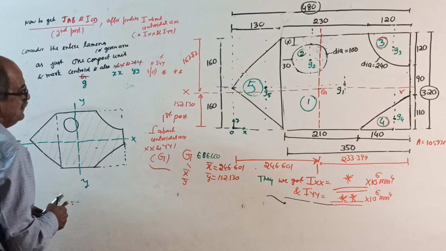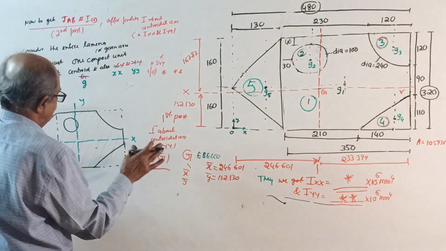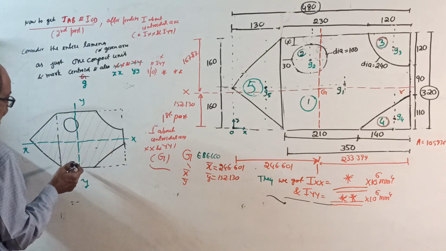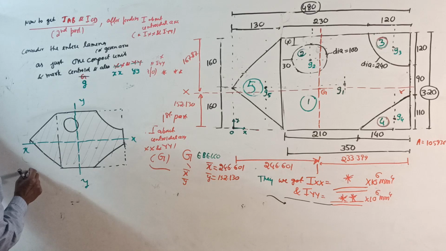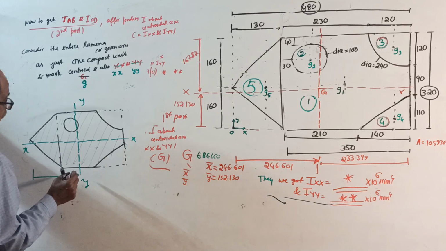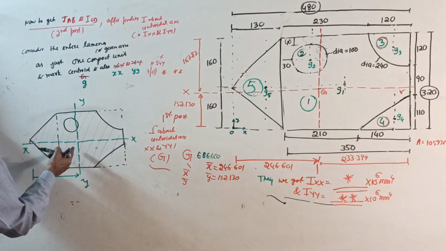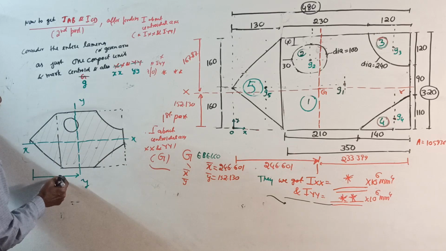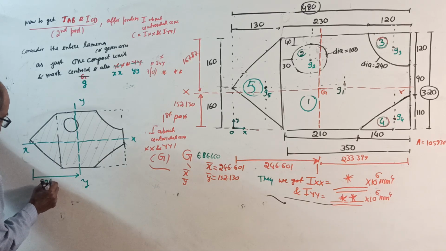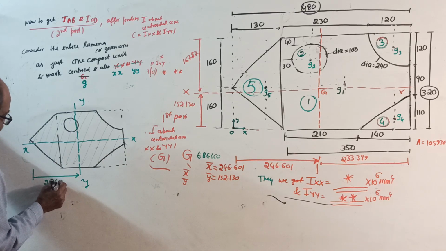Okay, then see, this also over. Now, distances required. See, this distance is how much? I want this side distance now. I want about AB. So this is 246.601.